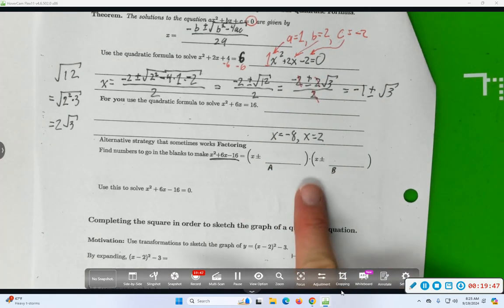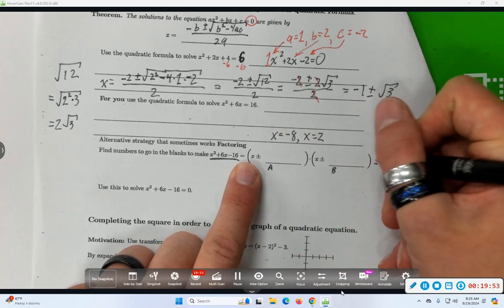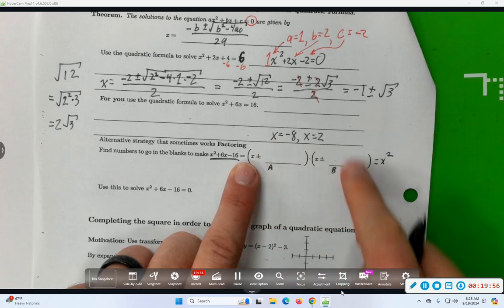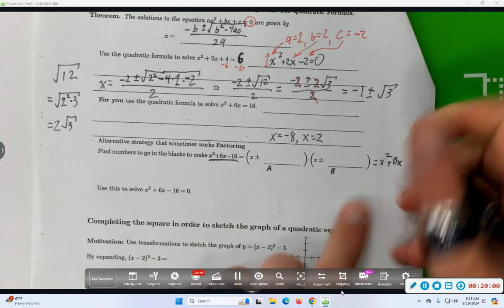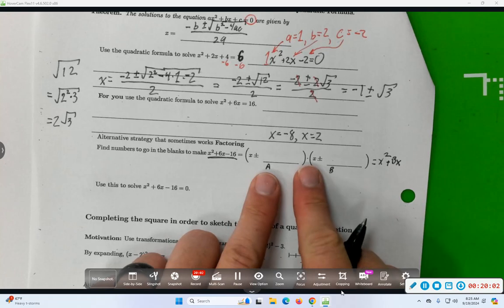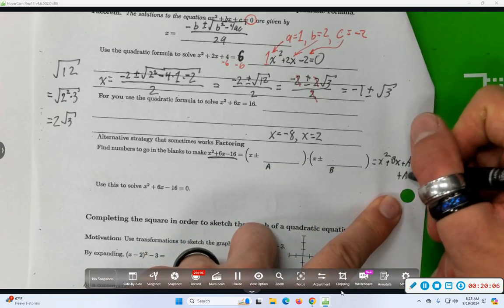If we FOIL out the right-hand side, what would we wind up with? We'd wind up with x squared plus bx. I guess I'm wrapping the positivity or negativity into what b is, plus ax plus ab.